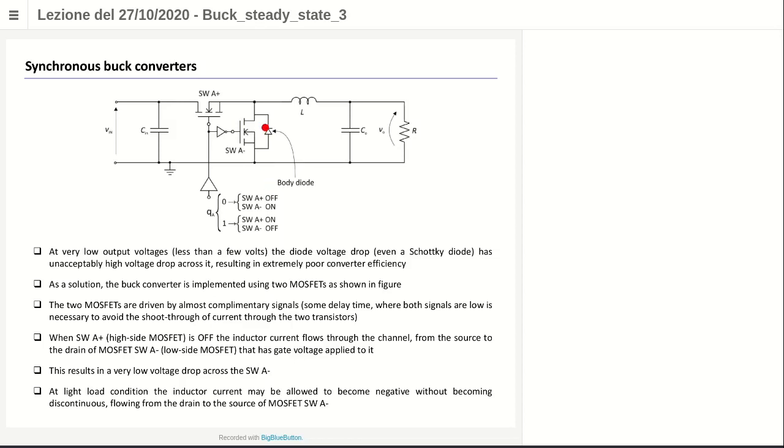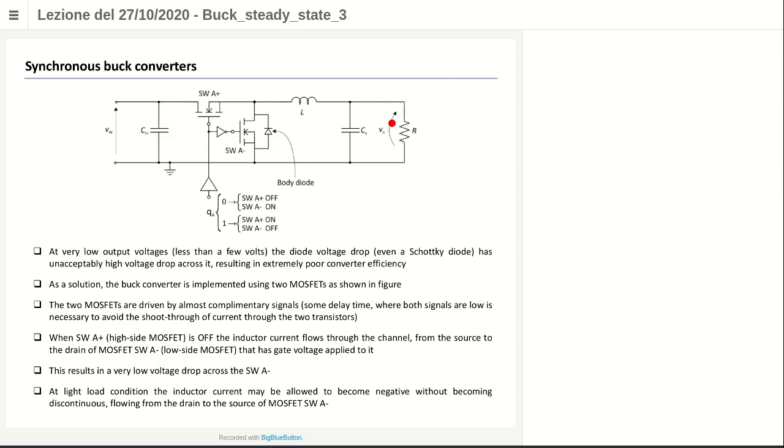But there are several situations in which the presence of a diode in the buck converter is detrimental to good operation. Just an example, which is important nowadays, is what happens when you use a buck converter to generate the power supply voltages of a microprocessor. Nowadays microprocessors can work at voltages in the range of 1 volt or even less.